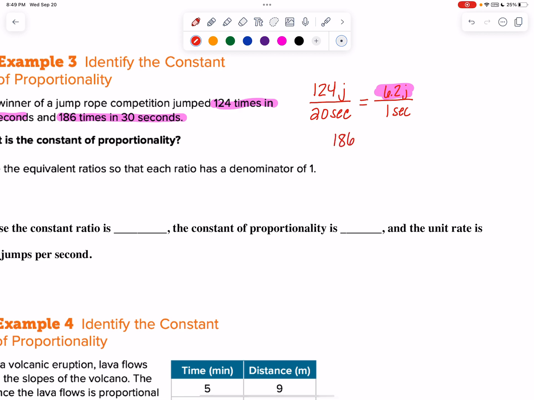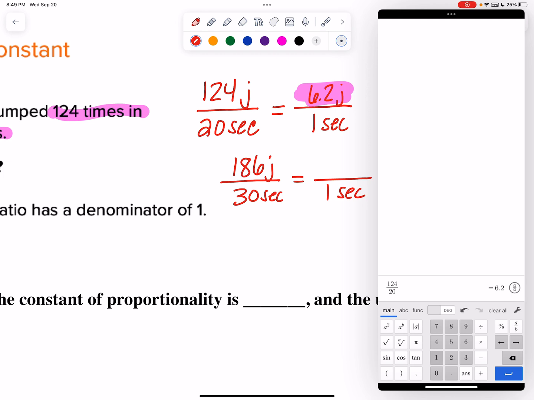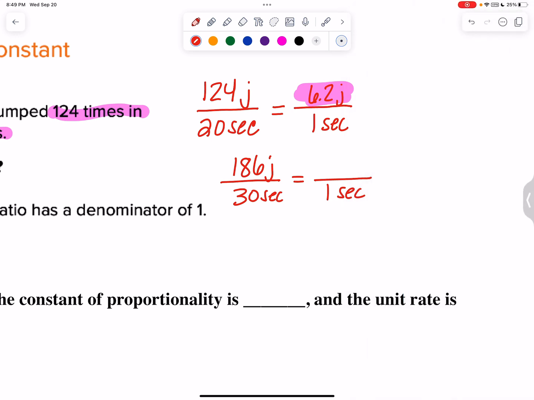So 186 jumps per 30 seconds. Set it equal to, and write your 1 second underneath because we're making a unit rate to find the constant of proportionality. Okay, and then we can go ahead and do 186 divided by 30, and guess what? Ding, ding, ding. We also get 6.2 jumps per second.